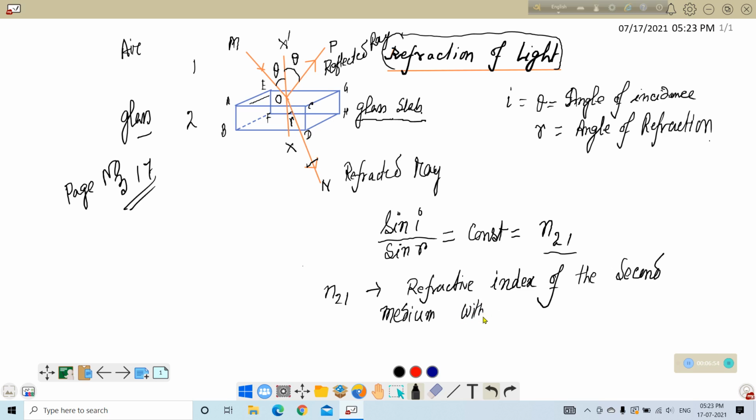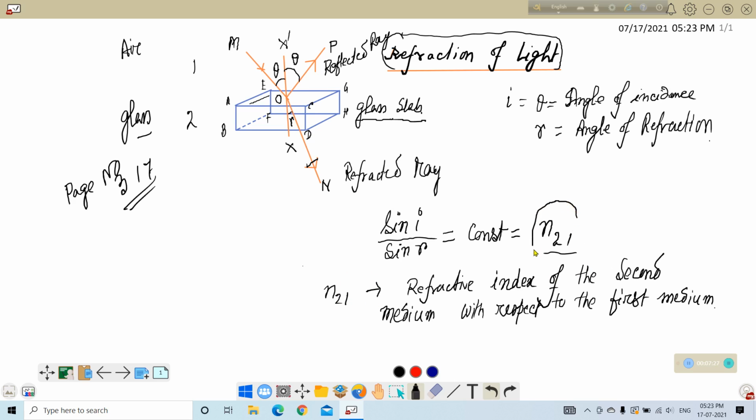So in brief, this is all about the laws of refraction of light. Now we have to study some implications of refractive index.